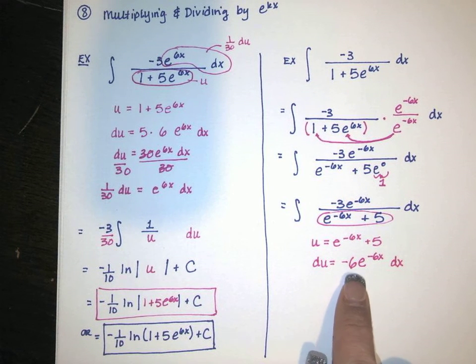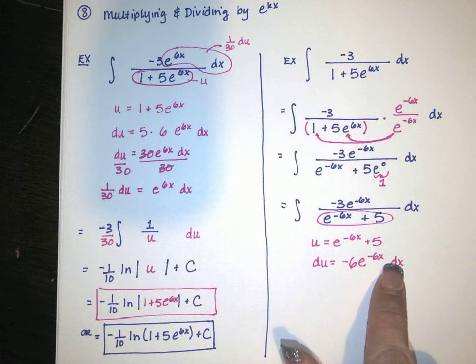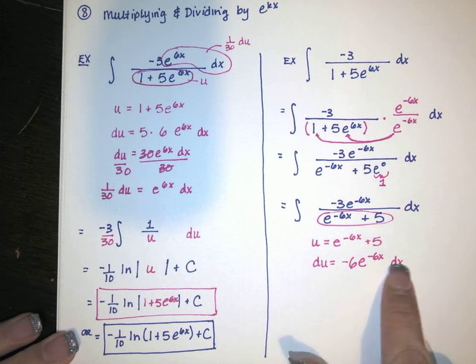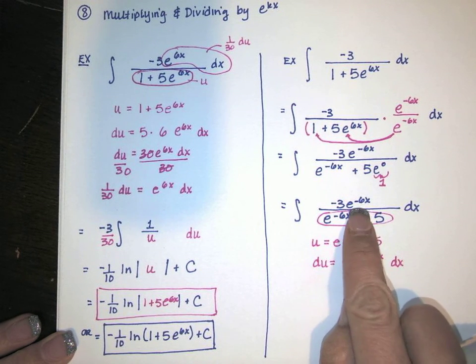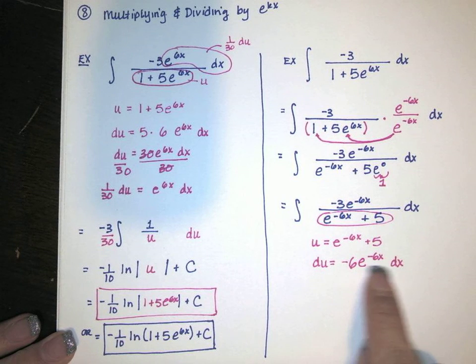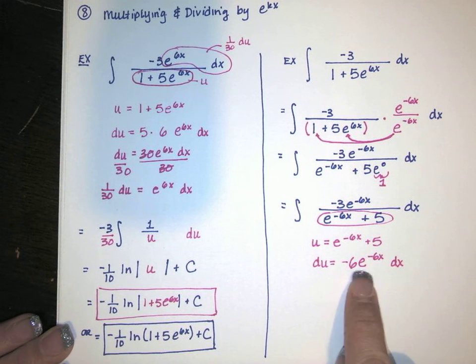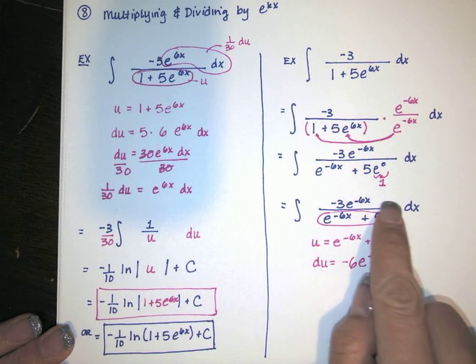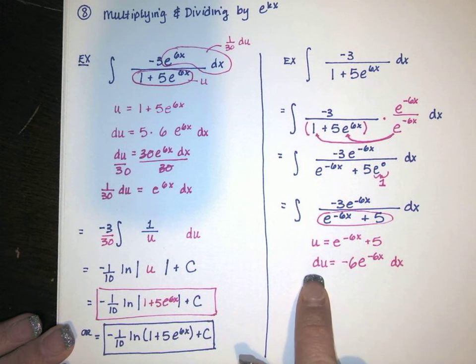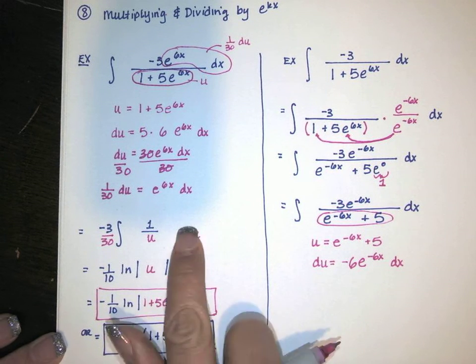I can either take this and manipulate it. I can multiply or divide by something so that when I'm done, I'm left with a negative 3 e to the negative 6x dx over here. Or I can just divide both sides by negative 6 and replace the e to the negative 6x dx with negative 1/6 du. That's what I did over here.